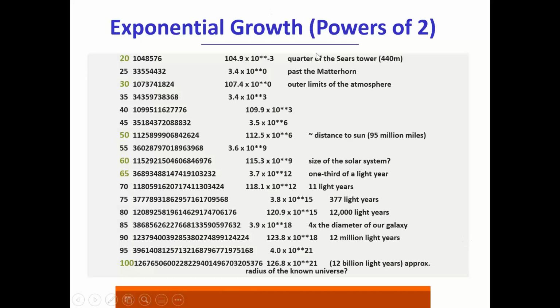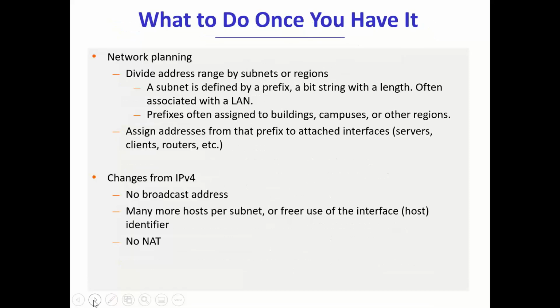I always like to just throw that out about will the host ID last us? As I say, let me go past this, because it's just cute about what a /64 gets you. The number of hosts you can do is somewhere between the size of the solar system and 1/3 of a light year. Yes, that might be enough.